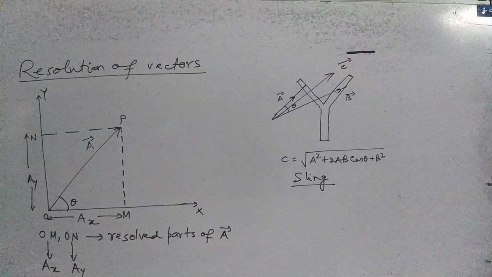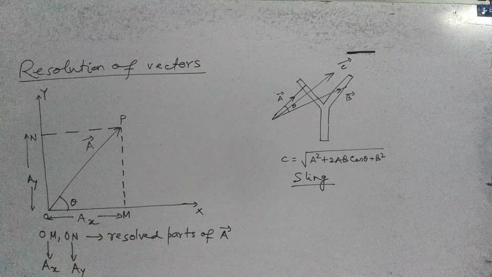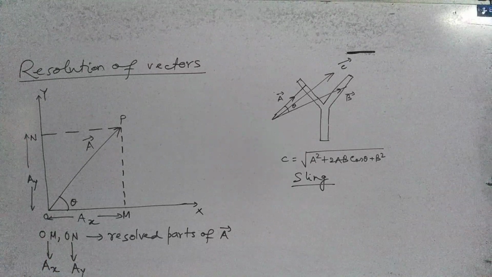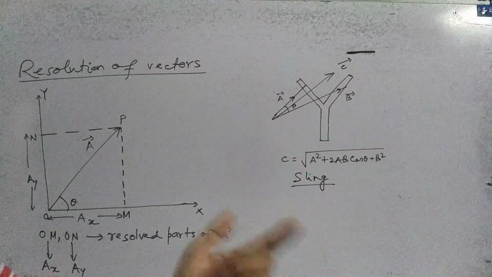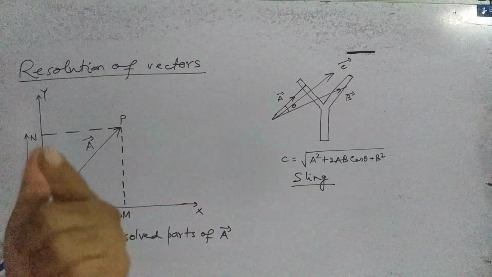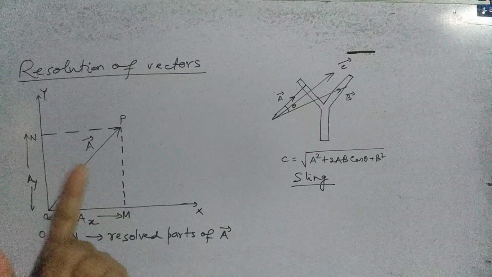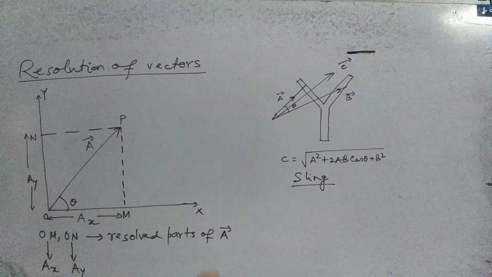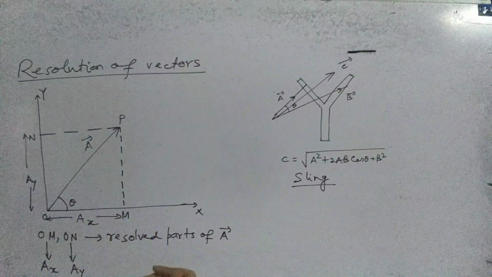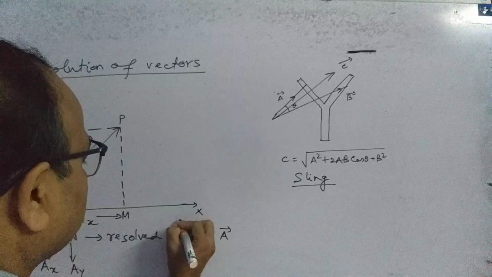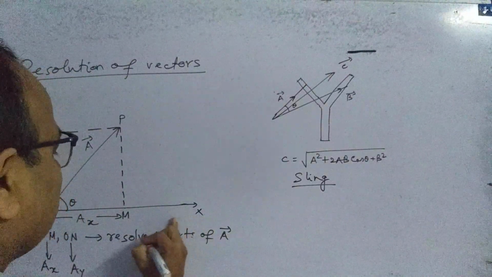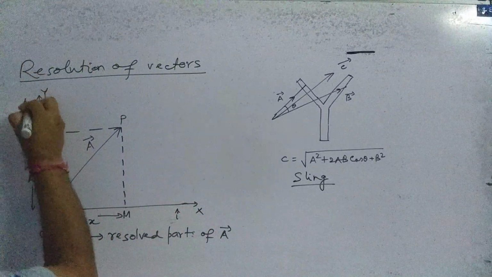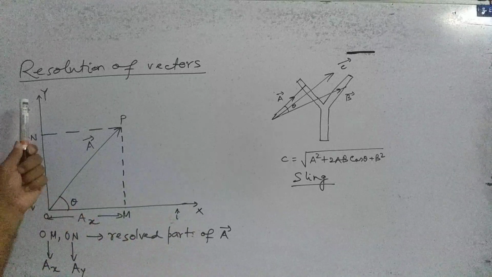Now, I want to change AX and AY into vectors. Obviously, they have only magnitude; they are scalar quantities. To convert them into vector quantities, we have to multiply these scalars with the unit vector in that direction. I hope you remember that i cap and j cap are the unit vectors along the x-axis and y-axis.